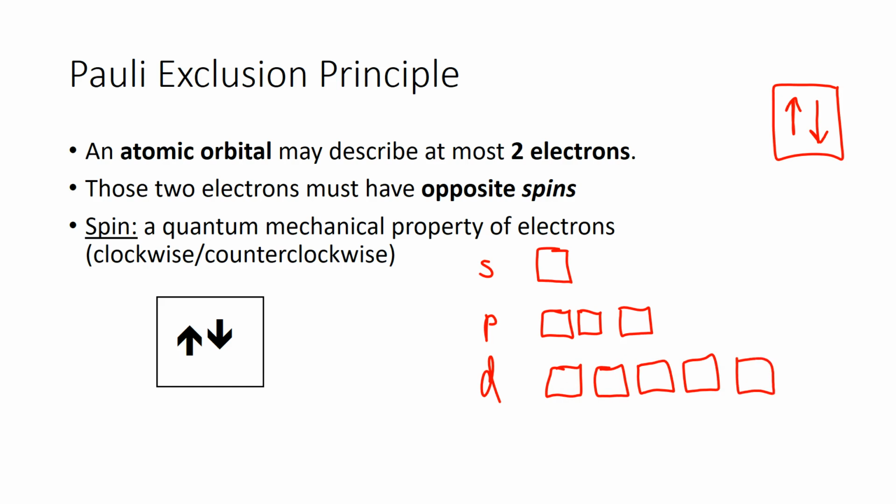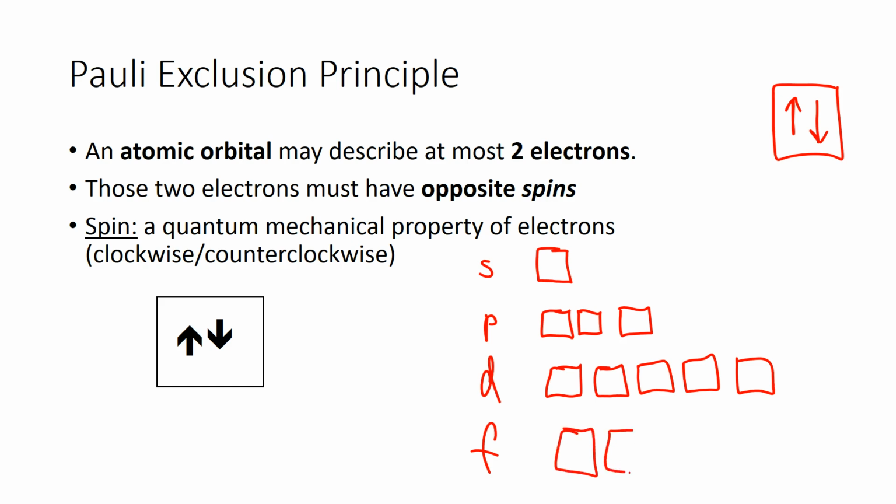Well, if you know that each one of those boxes can hold 2 electrons, and that there are 6 columns in the P, that means I have 3 orientations, or three boxes of 2. D has 10 columns, each one can hold 2, so 10 divided by 2 is 5. And then F, we said F can hold up to 14 electrons, so 7 boxes.